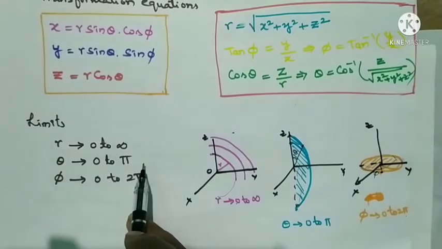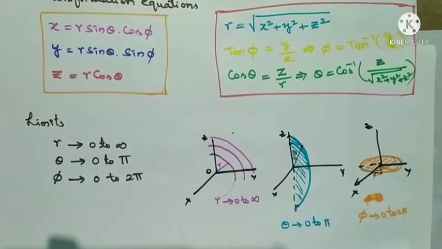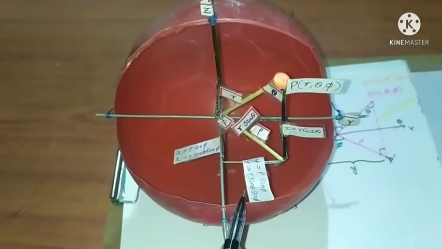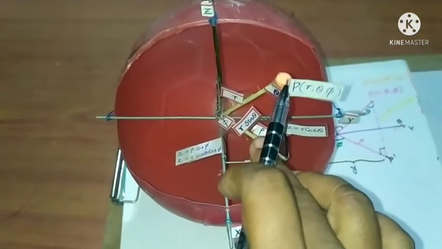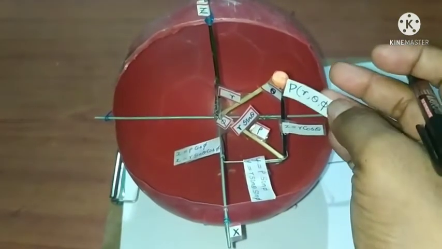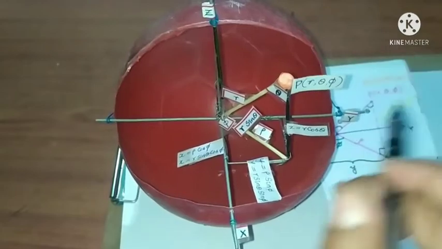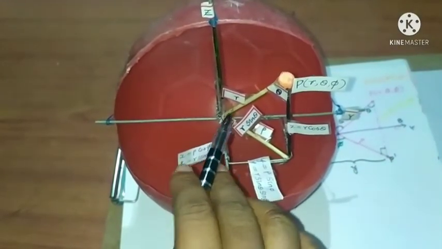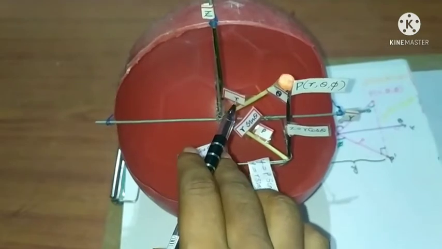And this concept can be explained by using a spherical coordinate system model. I will show that. So this is the model to understand the spherical coordinate system. And this is the position in the spherical coordinate system, which is represented by r, theta and phi. The line joining this point from the origin has a length of small r.